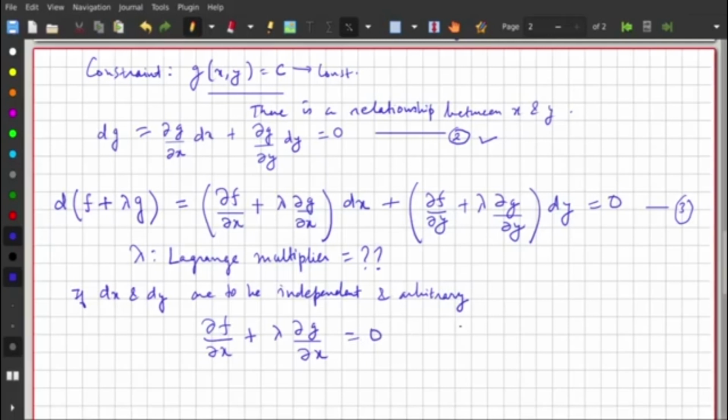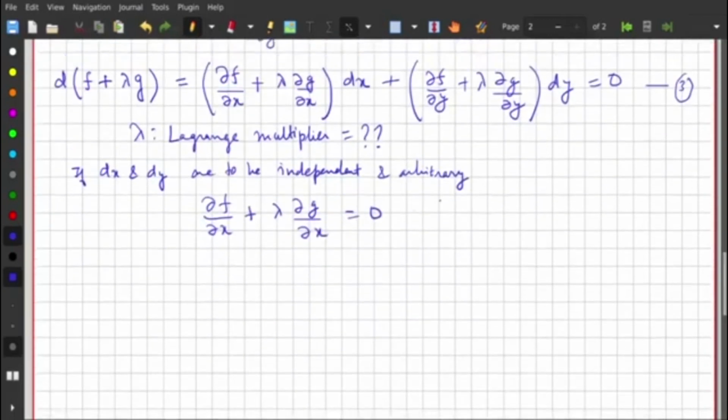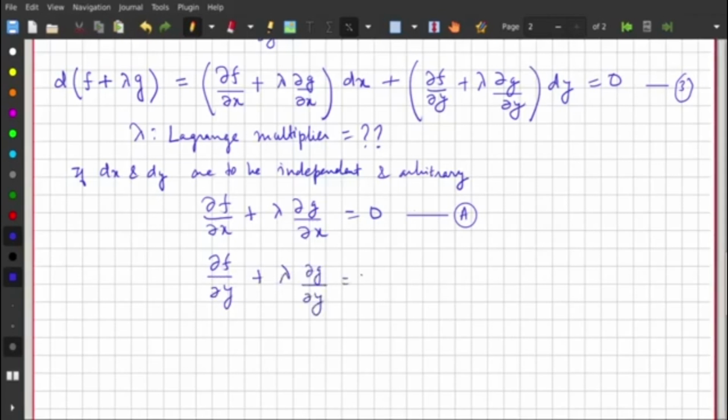Call that equation A. And partial f partial y plus lambda partial g partial y equals 0.